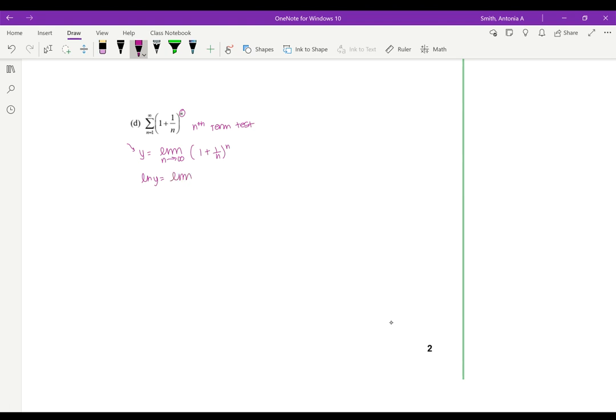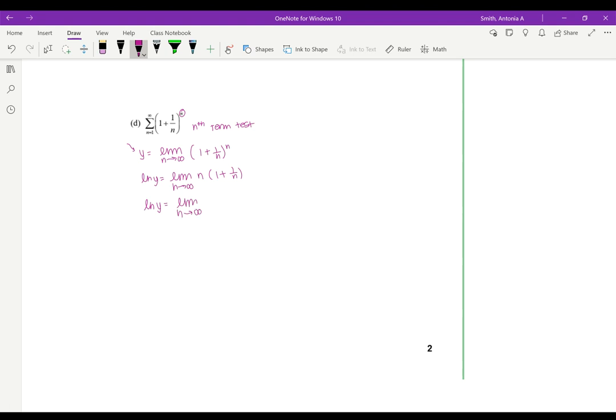The limit as n approaches infinity of n times 1 plus 1 over n. Okay. So right now this is infinity. Okay, but let's rewrite this as the natural log of the limit as n approaches infinity.